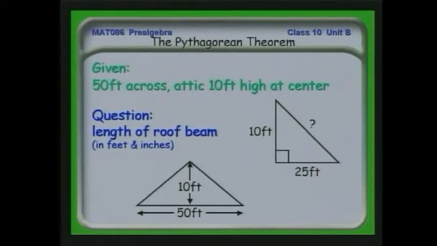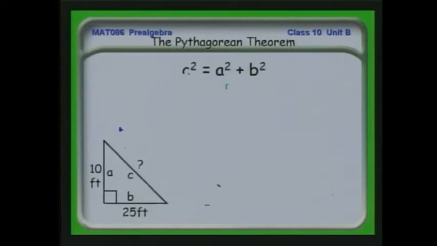So there's the 10 feet dropped from the very top of the attic down, and halfway across the 50 is 25. So we have now a right triangle with one leg 10 feet, the other leg 25 feet, and we're solving for the hypotenuse using the Pythagorean theorem, a squared plus b squared equals c squared.